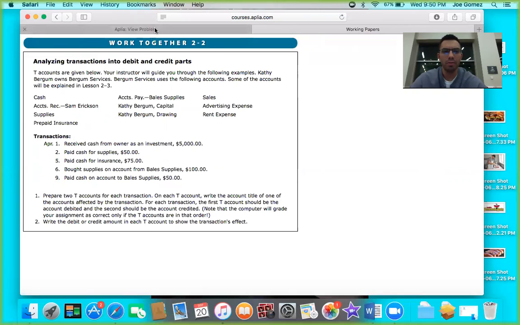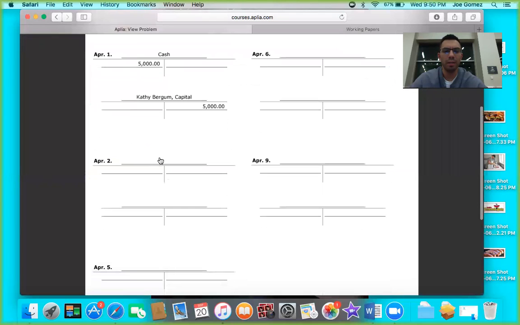All right, so the two accounts that will be affected on April 2nd, when I bought supplies for cash for $50, are supplies and cash. I'm listing supplies first because it's going to be debited, and I know it's being debited because supplies is an asset, and I increase an asset with a debit.